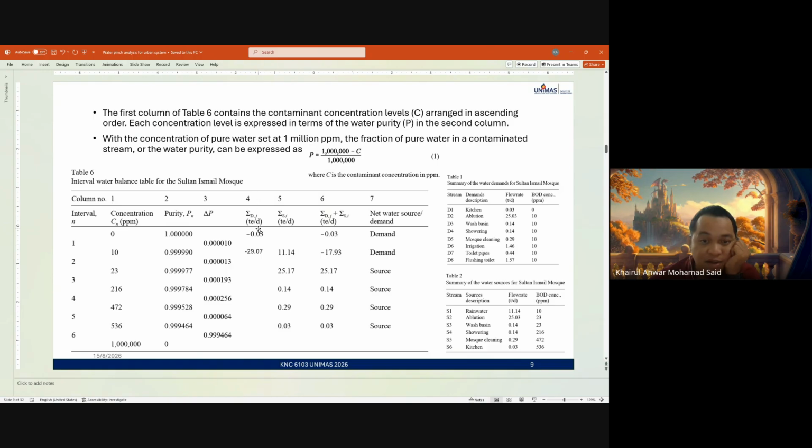And we have a summation of D and a summation of S, the same although the previous paper used FD and FS, but the idea is the same. So negative for demand. Since we have a lot of demand now at 10 ppm, many are negative. Check it.